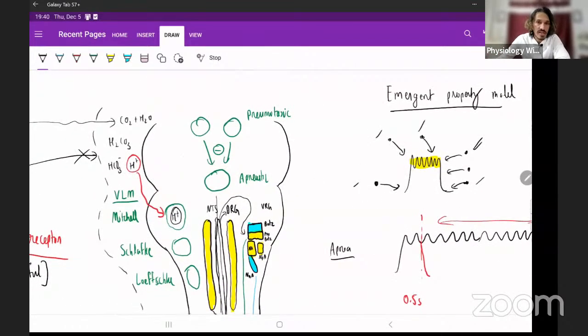When we were talking about the neural regulation of respiration, there is something I have to add over here. That is the vagus nerve. Your vagus nerve will result in a similar sort of activity as the pneumotaxic center.